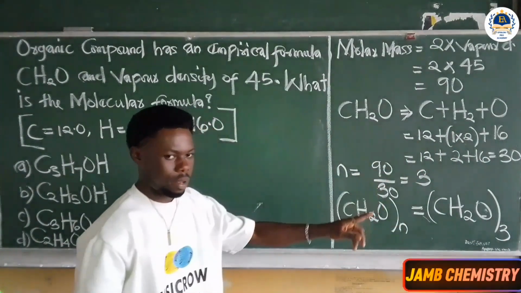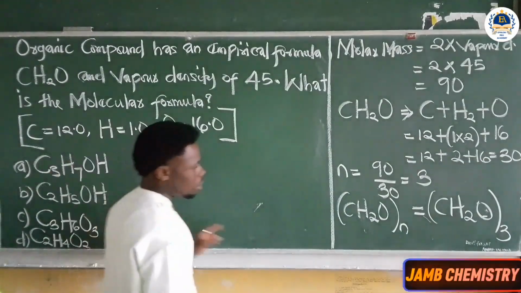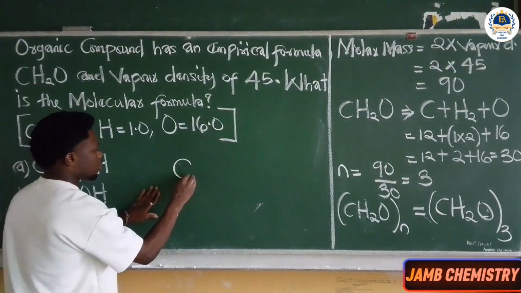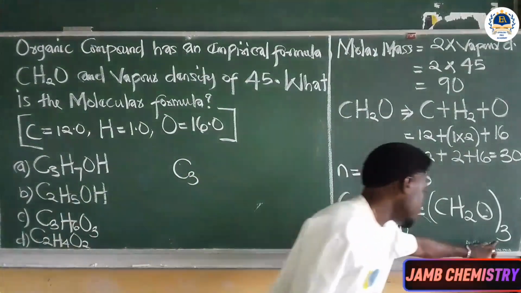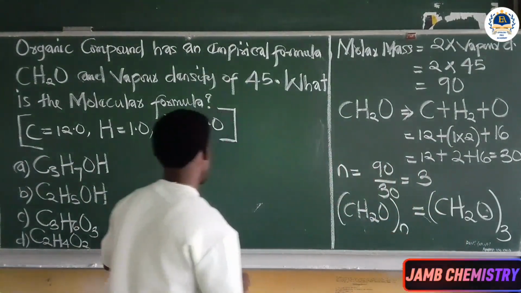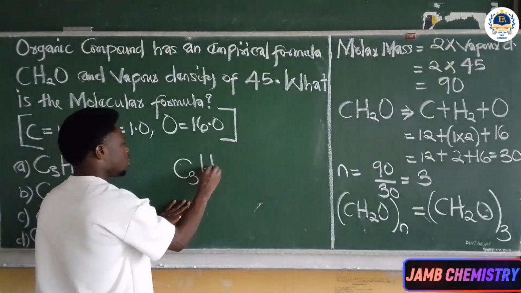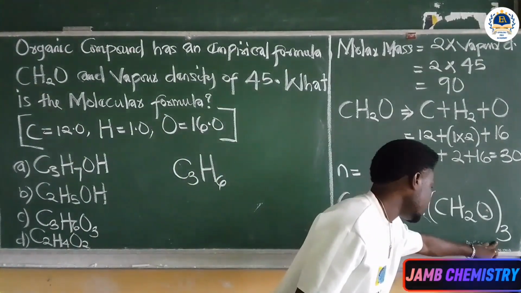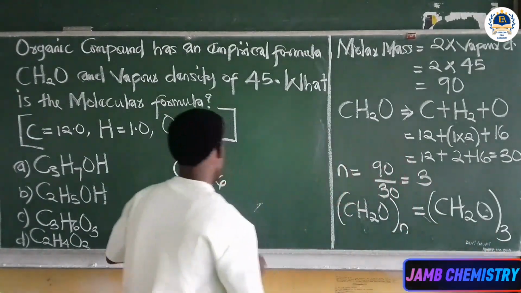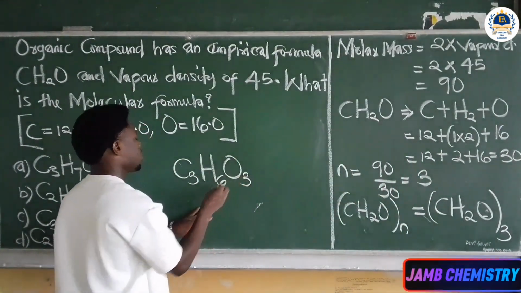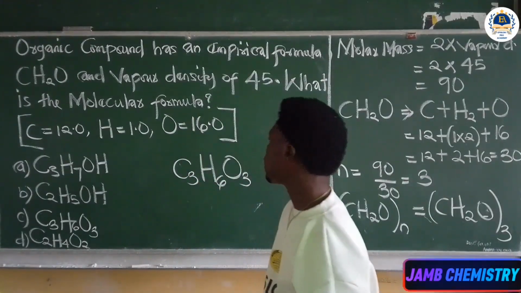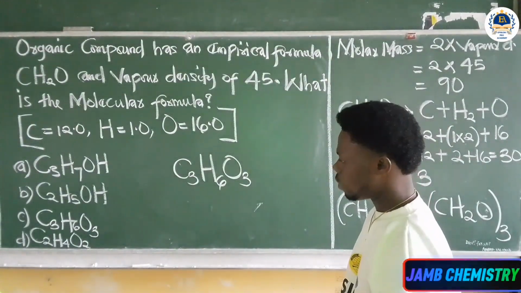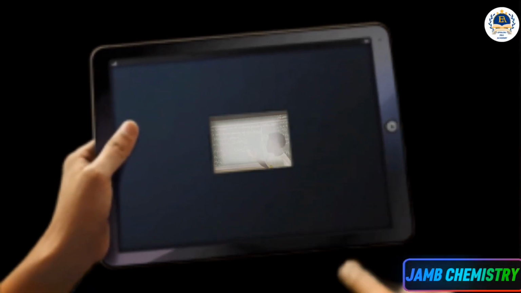Remember, n is equal to 3. So let's do the calculation over here. If we multiply this, we are going to have C3. If we multiply 3 by 2, 2 times 3 gives 6, and 3 times 1 gives 3. So the molecular formula is C3H6O3, and the correct option is option C.